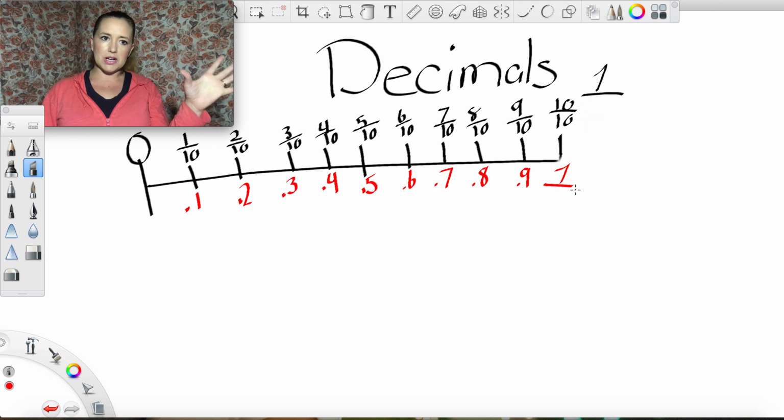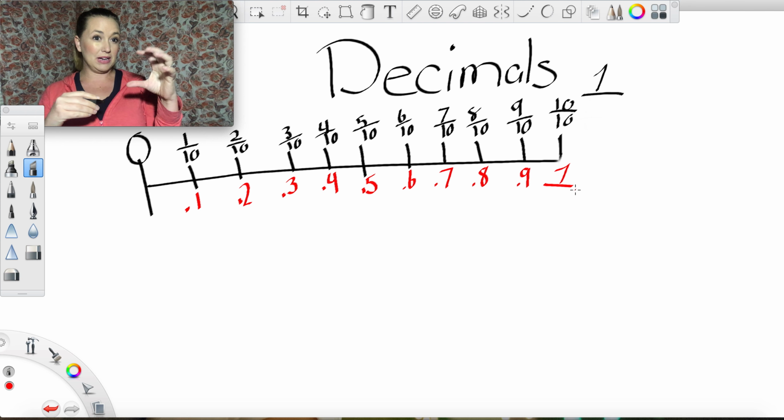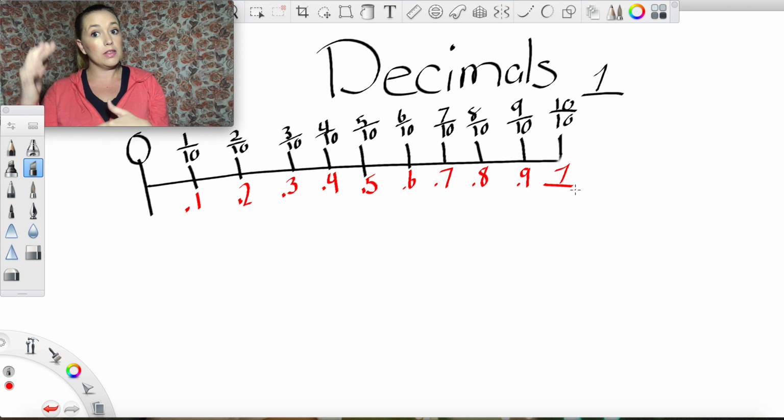Okay, so when we were talking about fractions in the form that we're used to with the numerator and denominator, we said you can have a fraction that is more than 1. Well, that's the same thing when we write it as a decimal.